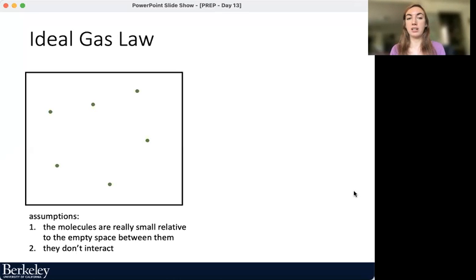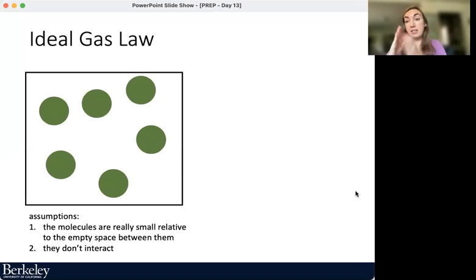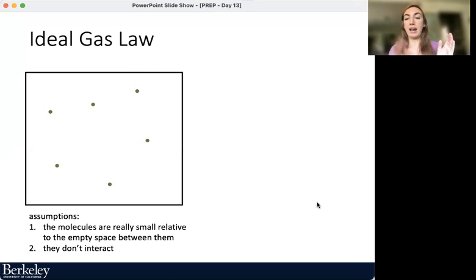If I shrink my space down really small so that the molecules are really close together and kind of big relative to how much white space there is, or if I have two different kinds of molecules that really want to interact, then the ideal gas law stops working. So it's important to realize that the ideal gas law isn't perfect all the time.